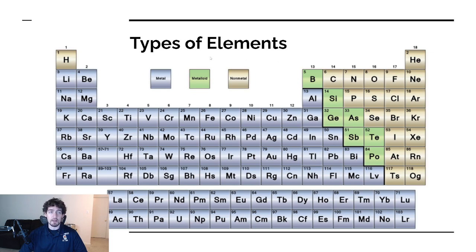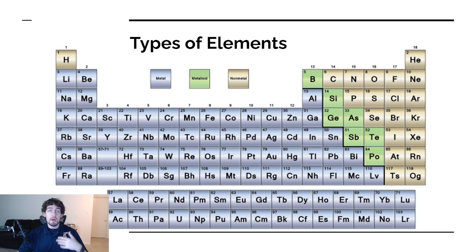Please notice that does include hydrogen. And then here, there's just a few elements on what we call this little staircase. It's actually called that. The staircase divides the periodic table from the metallic side over on the left and the non-metallic side over on the right. And these elements that are sitting on the staircase are known as metalloids or semi-metals because they're kind of like metals and kind of like non-metals.